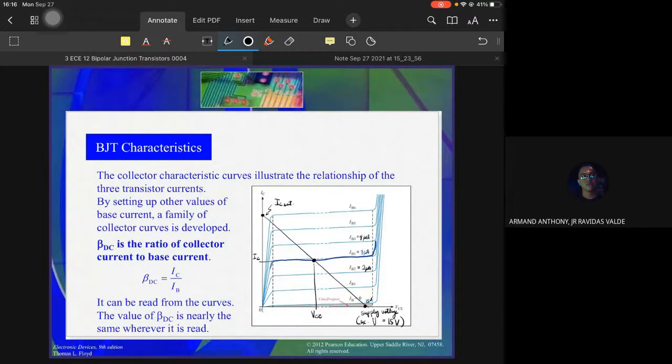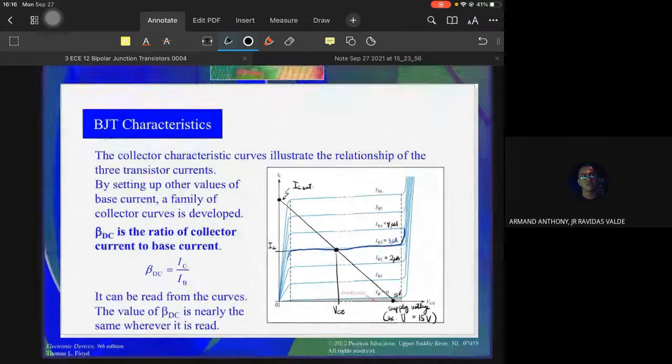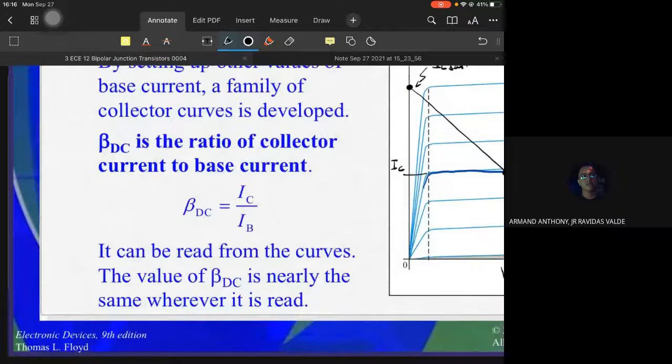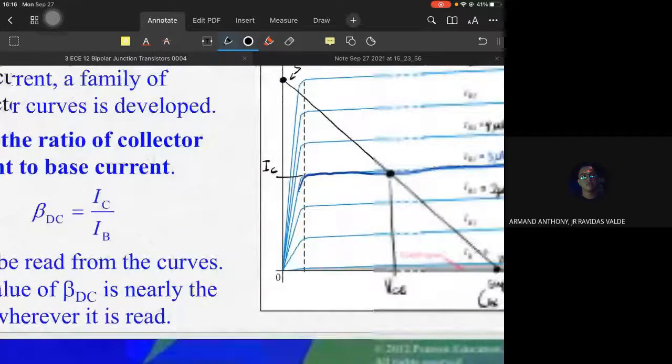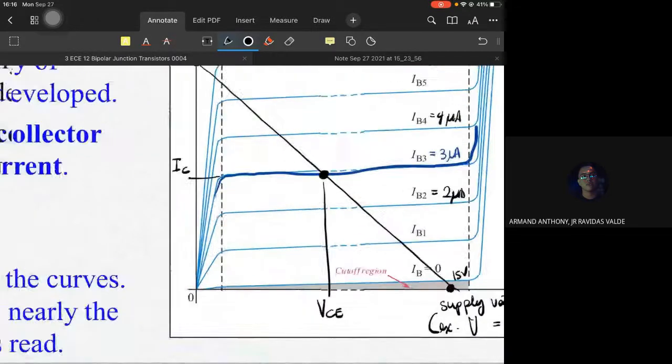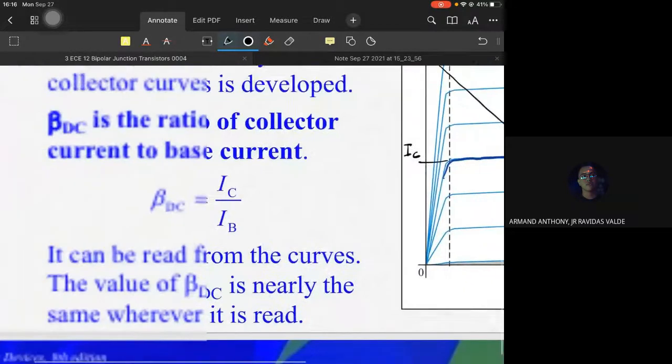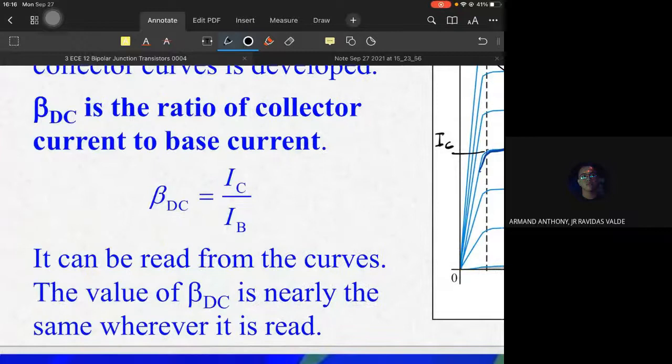So the collector characteristic curve illustrates the relationship of the three transistor currents. By setting up the other values of the base current, a family of collector curves is developed. So we have now a relationship of IB and IC. We call that one beta. Beta is the ratio of the collector current and the base current.